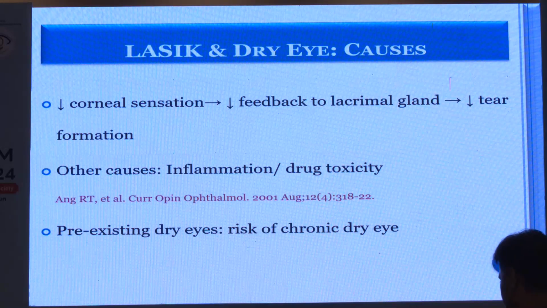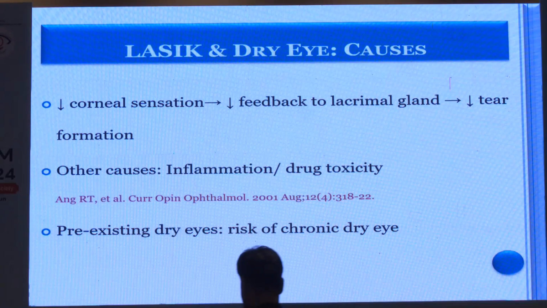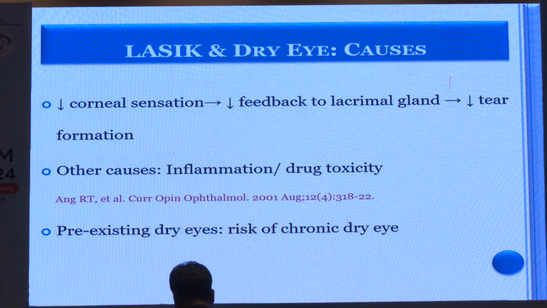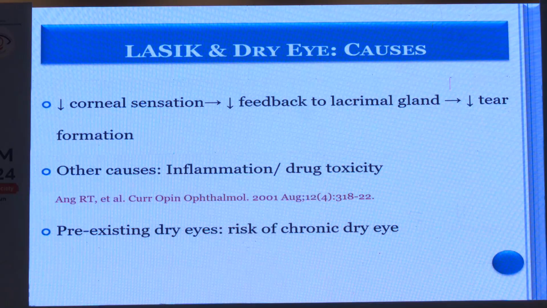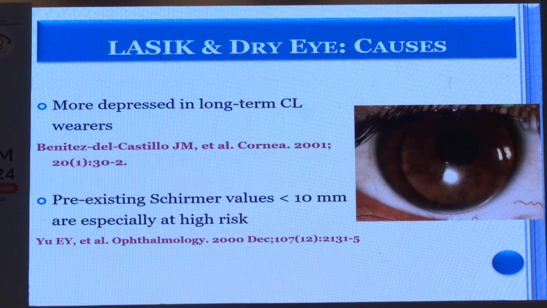Because when we do LASIK or any corneal-based refractive procedure, we cut the nerves, and because the nerves are cut, the stimulus is deprived, this neuronal loop is broken, and so the stimulus doesn't go to the brain, and the secretomotor nerve impulses to the lacrimal gland do not go, or rather are reduced, and that's why you have chances of dry eye.